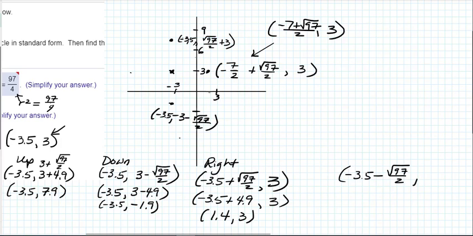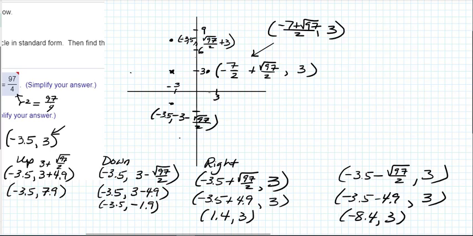So we're going to think of it as negative 3.5 minus 4.9, comma 3. Or in other words, negative 8.4, comma 3. So if we go out to negative 6, negative 7, negative 8, negative 9, it's about halfway between negative 8 and negative 9. So I'm going to go up here to 3 and plot the point.